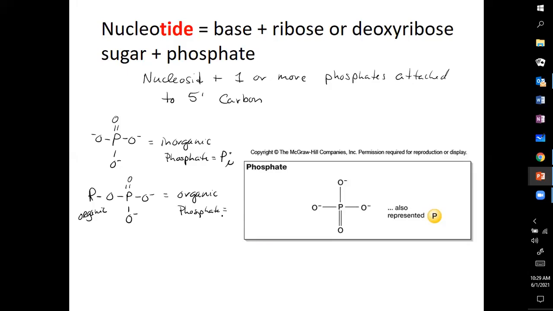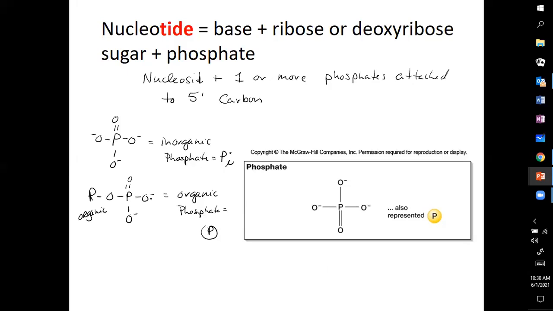We shorthand organic phosphate as P with a circle around it. Inorganic is a P sub I. So the only difference is that this is free floating, not attached to an organic molecule, while this is attached to an organic molecule.